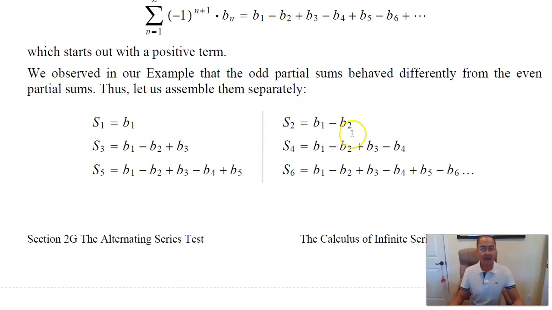Next partial sum s3, we will add to s2 the next term, which is b3. So b1 minus b2 plus b3. All right, I hope you get the pattern. Next, we will subtract b4, so we get this. And then we will add b5, we're going to get this. Then we'll subtract b6, we're going to get this.